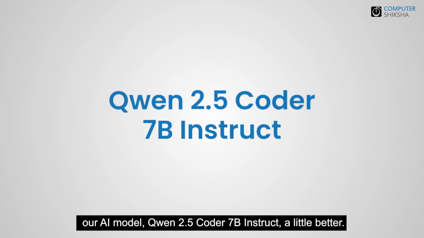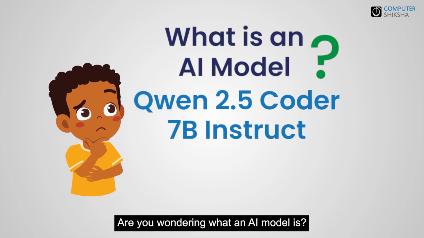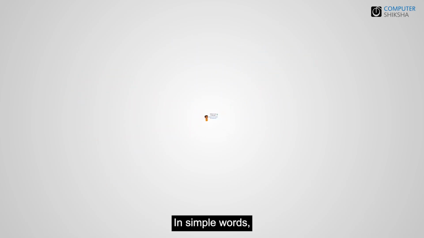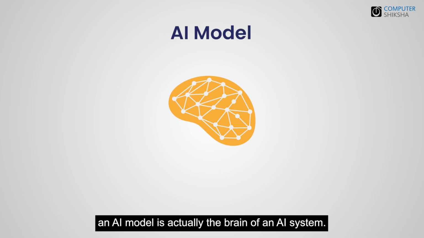Now let us understand our AI model Qwen 2.5 Coder 7B Instruct a little better. Are you wondering what an AI model is? That is a very good question. In simple words, an AI model is actually the brain of an AI system.